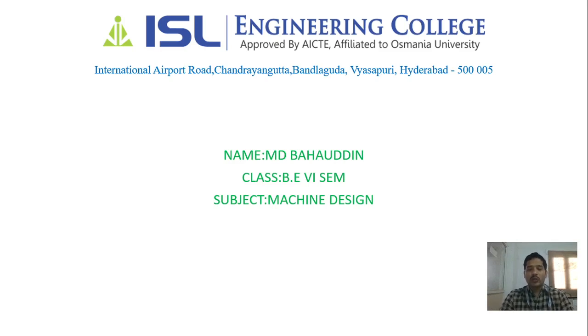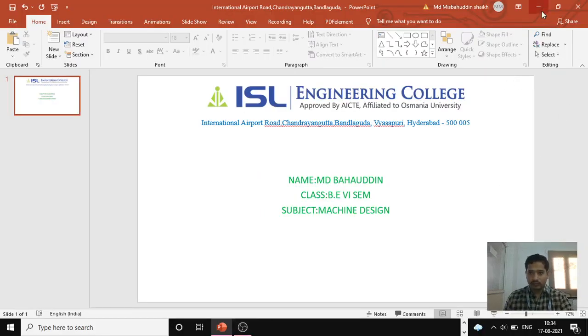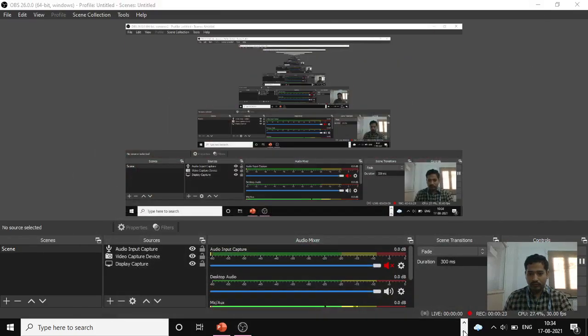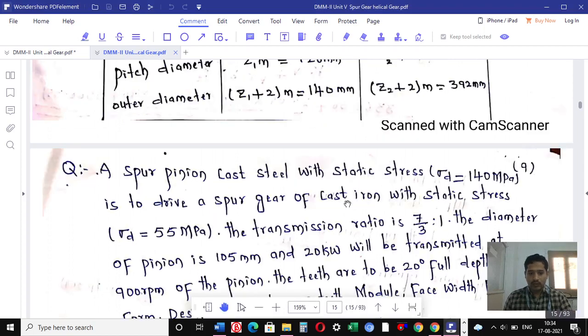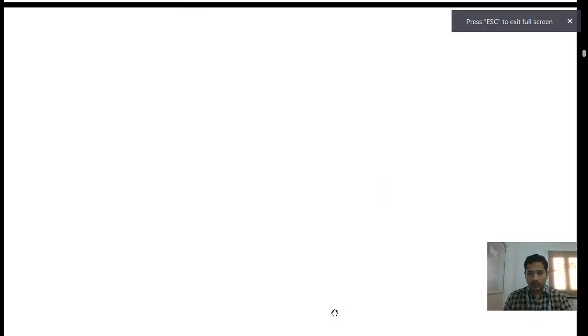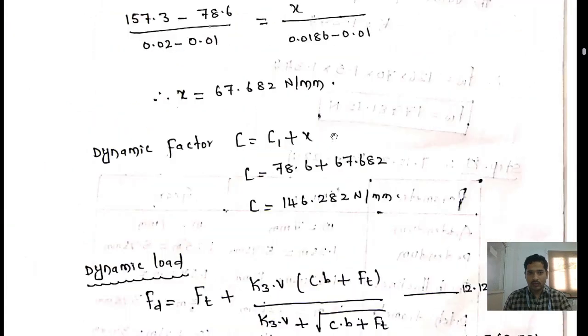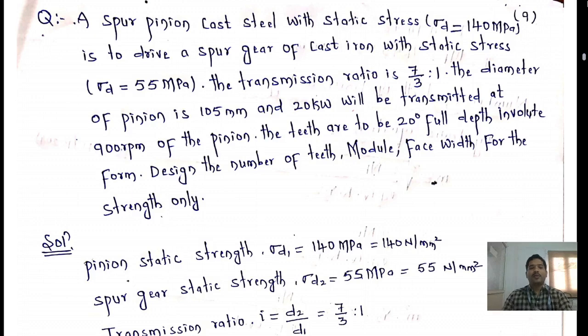So today we are going to discuss the first problem on the spur gear. A spur pinion of cast steel with the static stress sigma d is given as 140 megapascal.